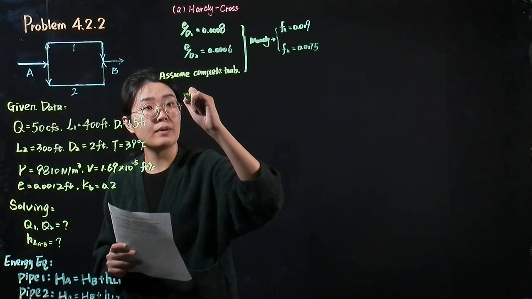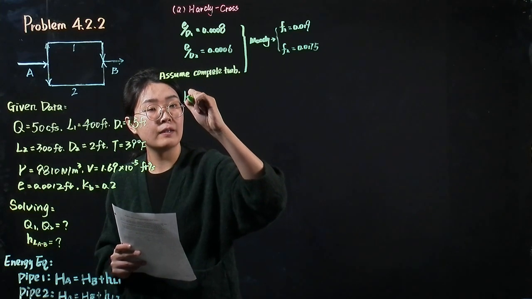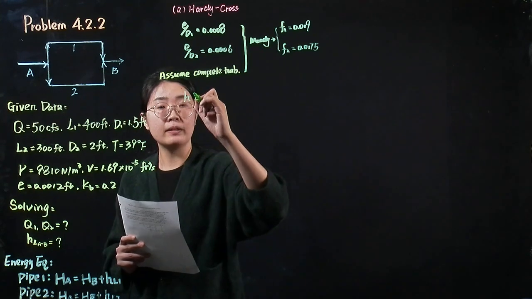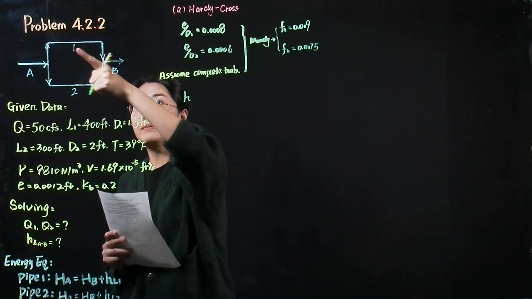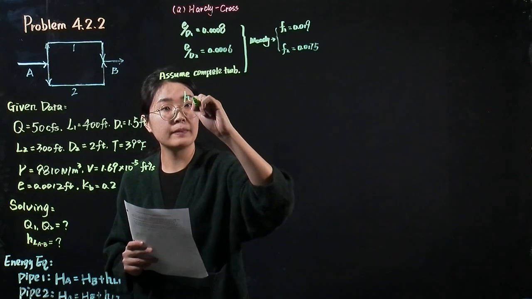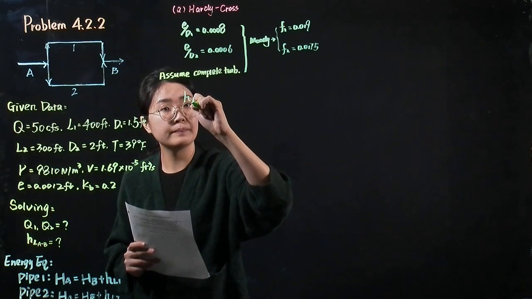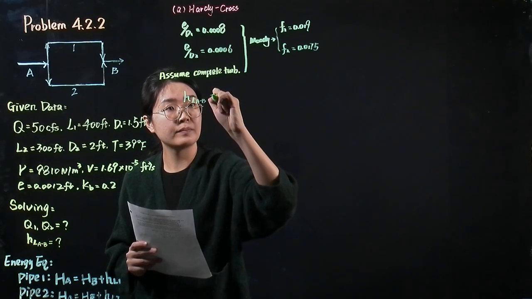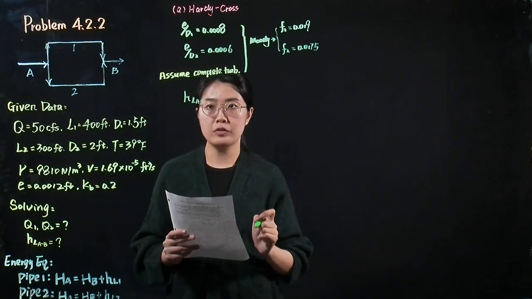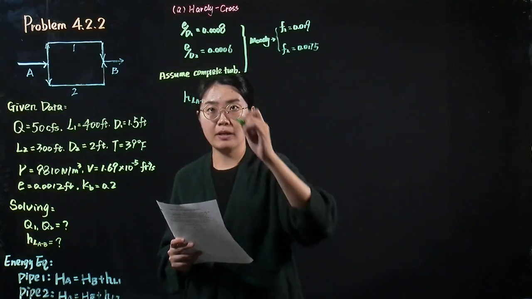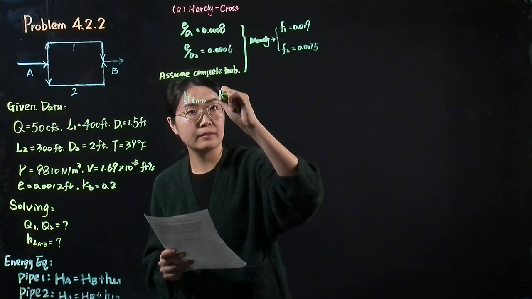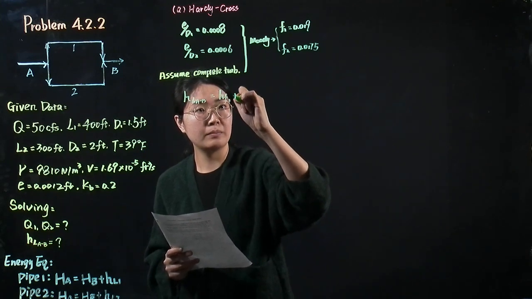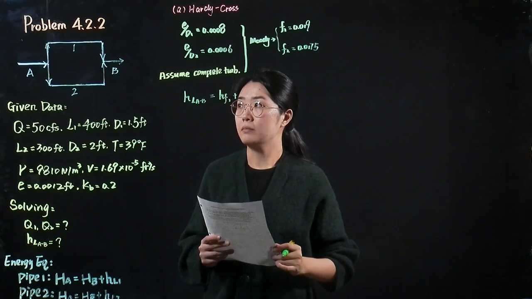And then let's write down the head loss from point A to B by using pipeline 1. It equals the friction loss in pipeline 1 plus the minor losses.